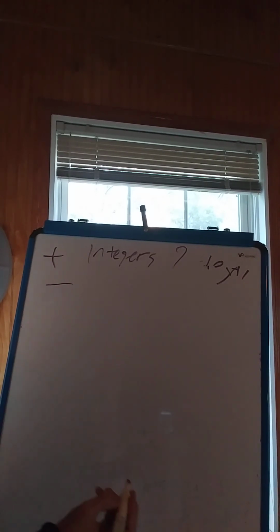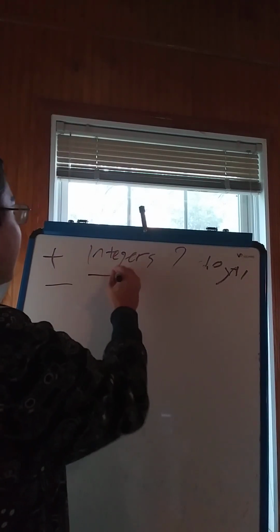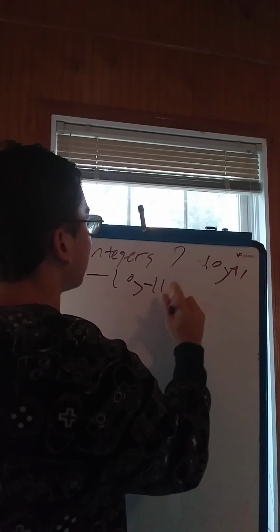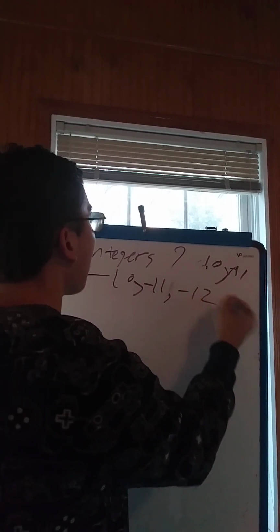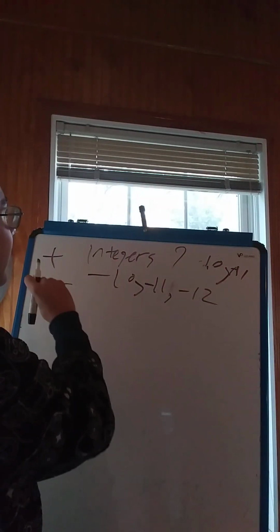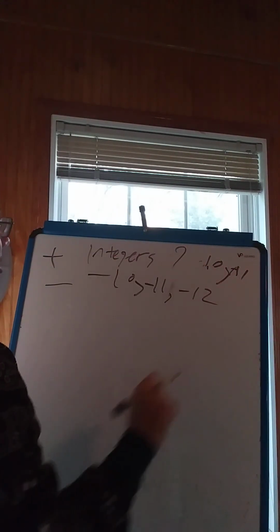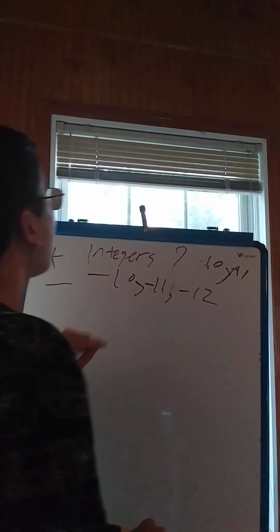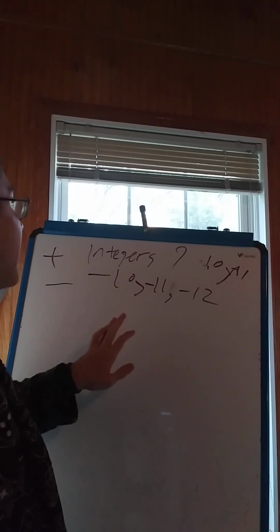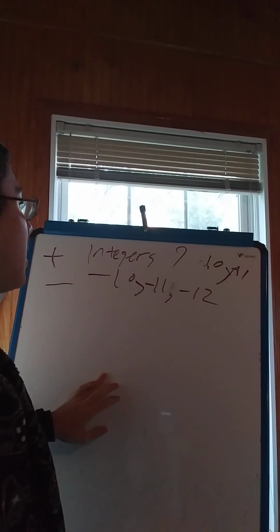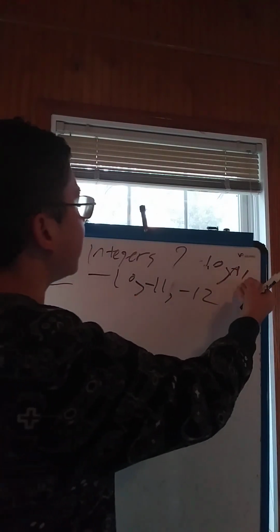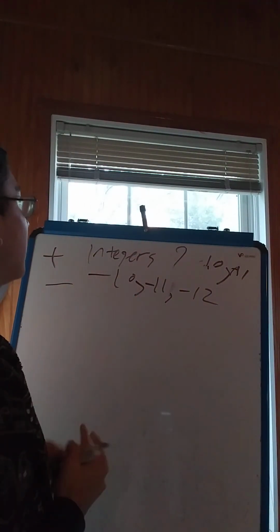Negative numbers would look like negative 10, negative 11, negative 12, and so on. Although this is not the direction that they go in, and I'll talk about that later. But you need the negative sign in front of them to differentiate between negative numbers and positive numbers.